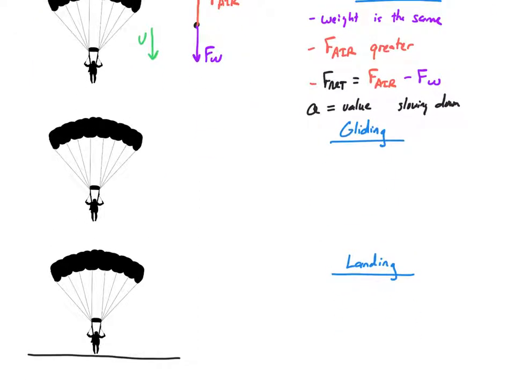Now, in the next phase, the chute is still open, and I'm going to add in the air resistance, but we know that the air resistance, because they are no longer speeding up or slowing down, they're just gliding downwards, they've reached a new equilibrium. So when we have the new equilibrium, we have balanced forces again.